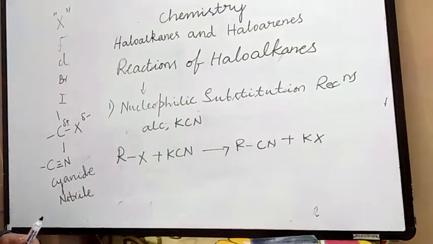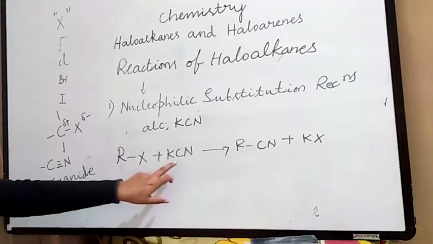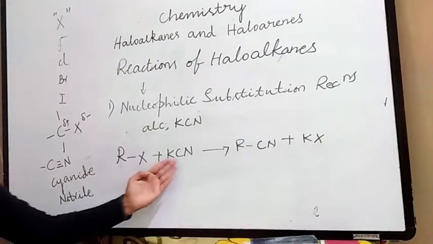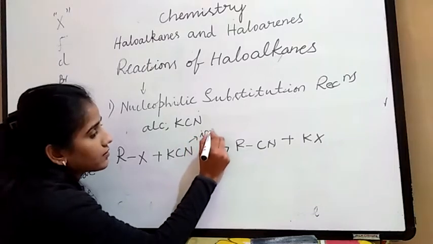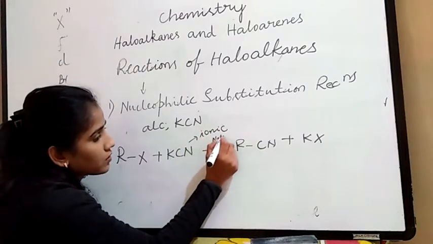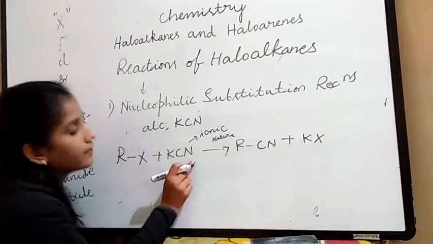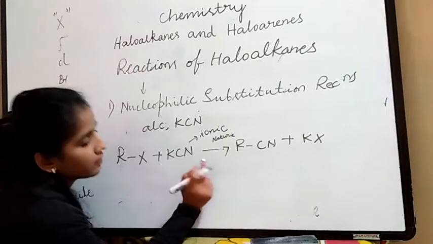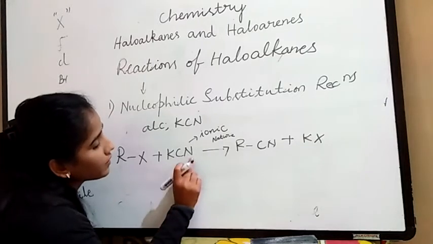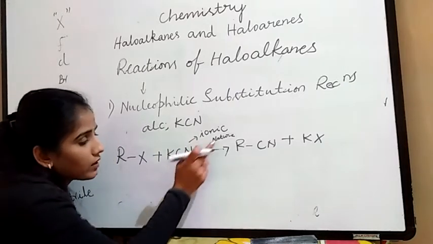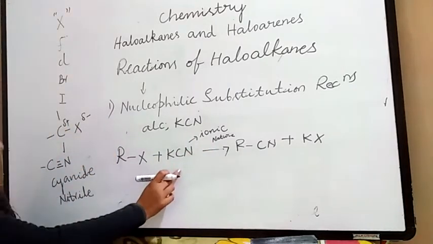Moreover, KCN is ionic in nature, so the carbon is participating in the donation of electrons.